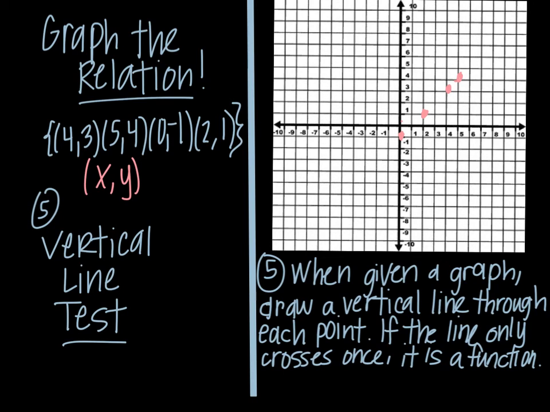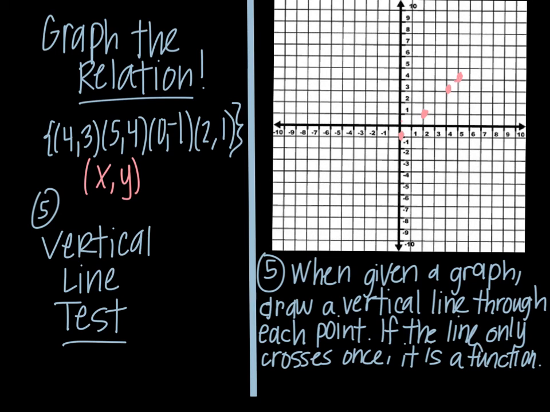Okay, so now let's determine if that's a function or not. When you're given a graph, you can determine if it's a function by drawing a vertical line through each point. If that vertical line only crosses once, then it is a function. Here's what I mean by that.